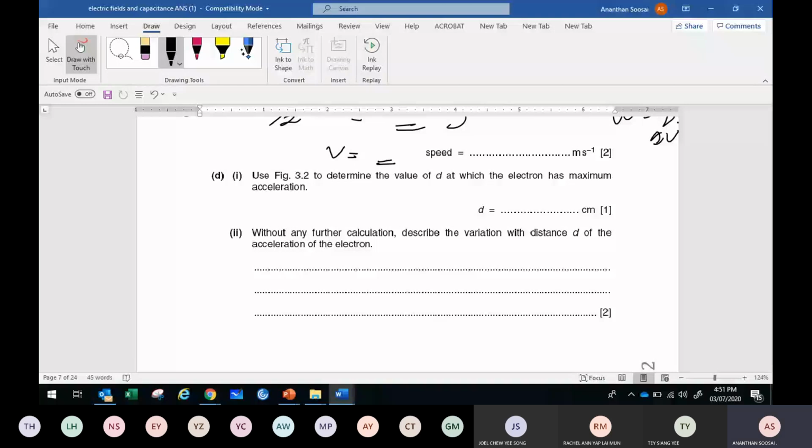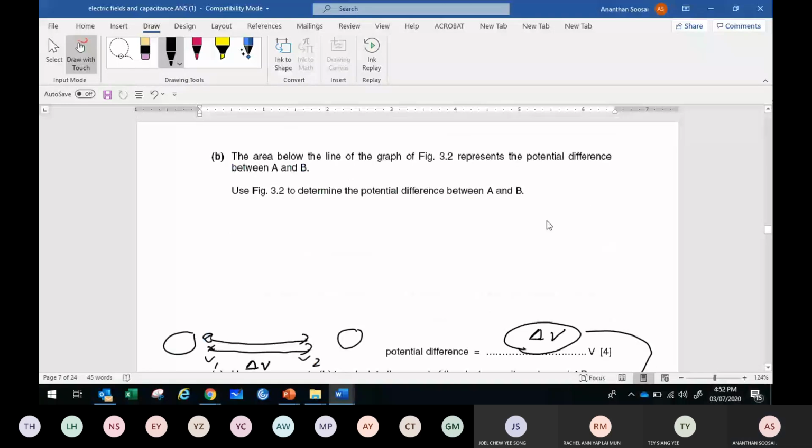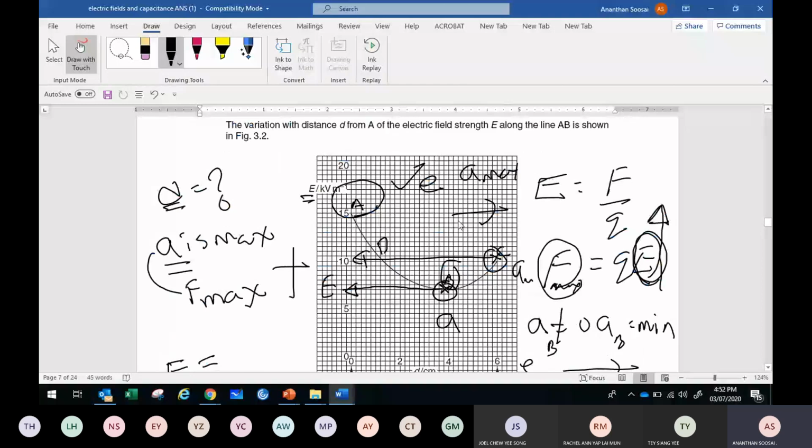How the acceleration varies from A to C. At A, acceleration is maximum because electric field strength is maximum, but you must give a statement first: the electric field strength is directly proportional to the force. Therefore, acceleration is maximum at the beginning.